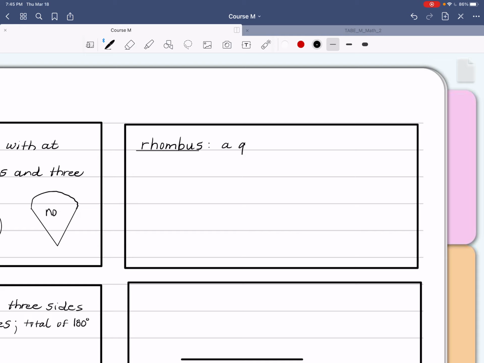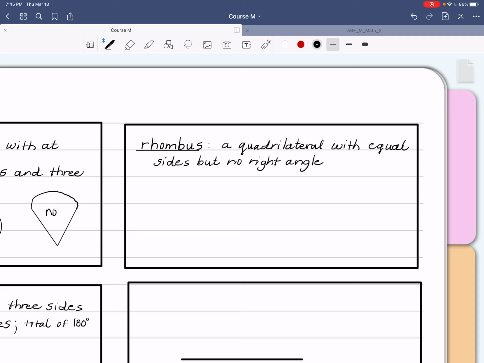So it's a quadrilateral, a rhombus. It has equal sides. But no right angles.